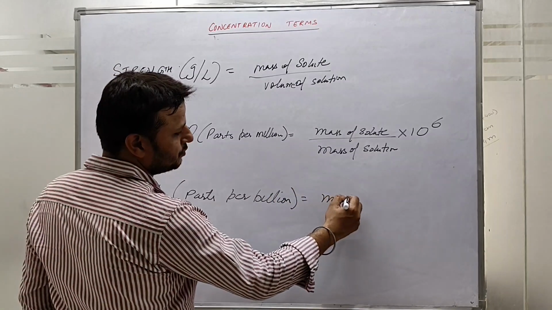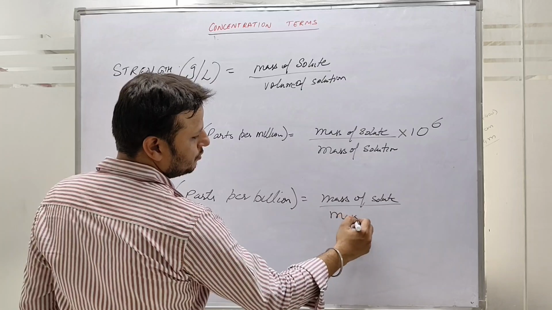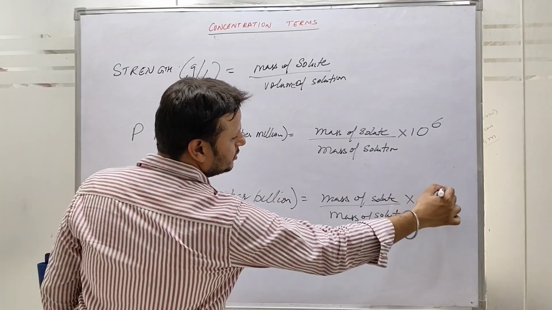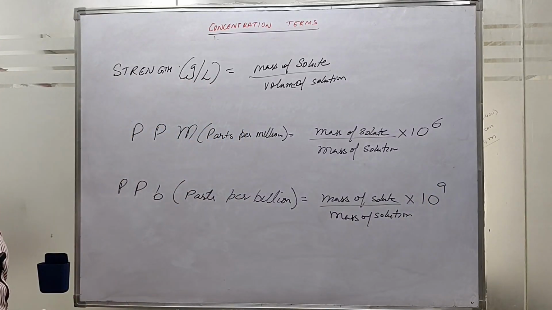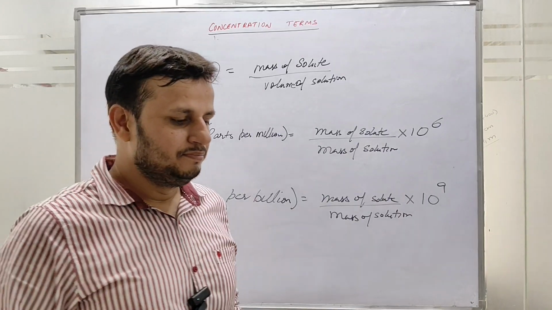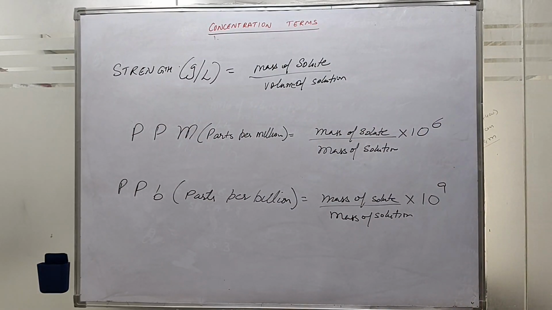The mass of solute by mass of solution into 10 raised to power 9. So ppm, ppb. So make the notes.